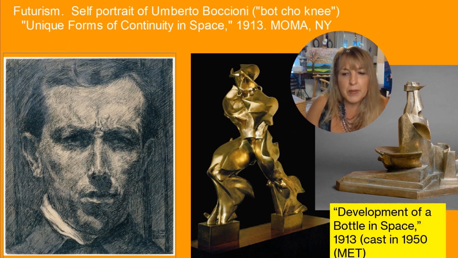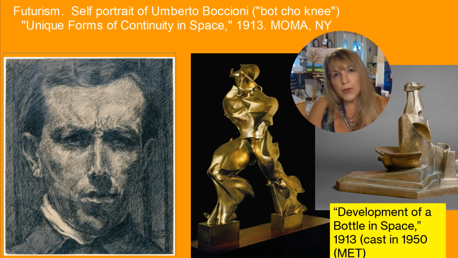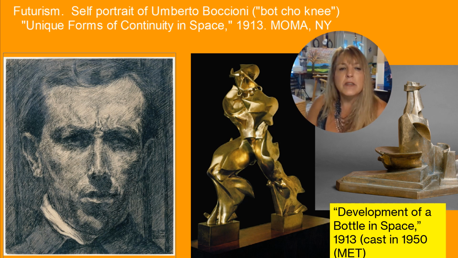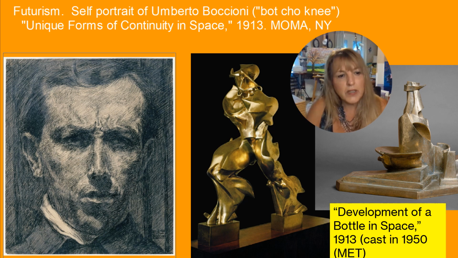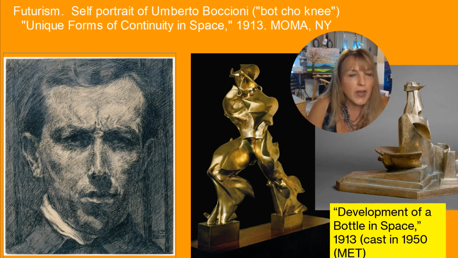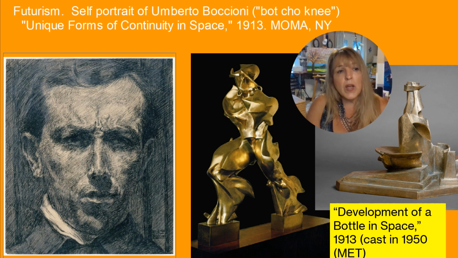So Futurism, a self-portrait of Umberto Boccioni. Boccioni is a sculptor. He also was a printmaker, and he did other things as well, but he's most known as a sculptor. And this is Unique Forms of Continuity in Space.